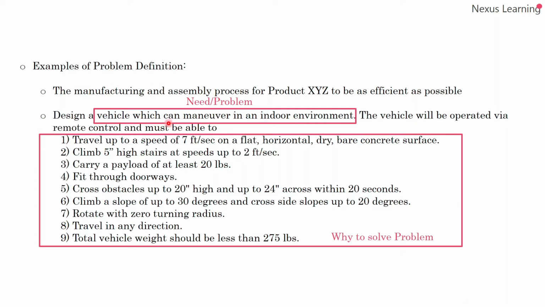So it is seen that a vehicle which can maneuver in an outdoor environment is the main problem, and why it is needed to solve the problem, and what are the needs in that. It should travel at a given speed, and should climb 5 inch high stairs at a speed of 2 feet per second. So all those things are being given there. So we have to segregate, break the things down, and define it.